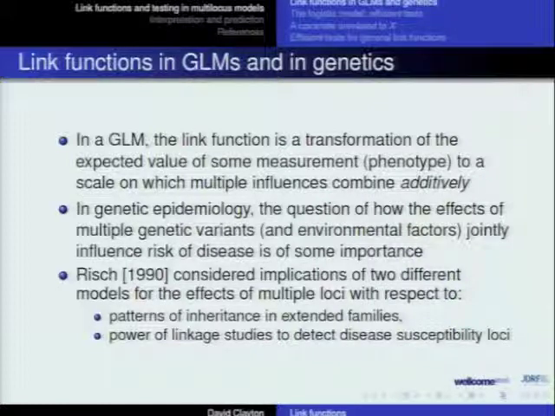The first paper in that series looked specifically at multi-locus models, how multiple loci operate together, and the implications for patterns of inheritance in extended families and for the power of linkage studies, because linkage studies were what we were then considering to detect disease susceptibility loci.